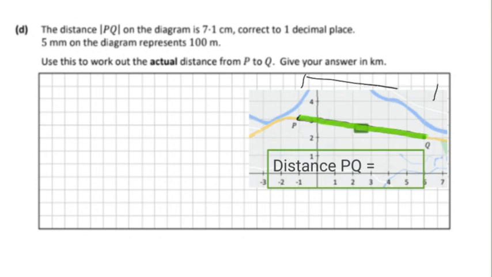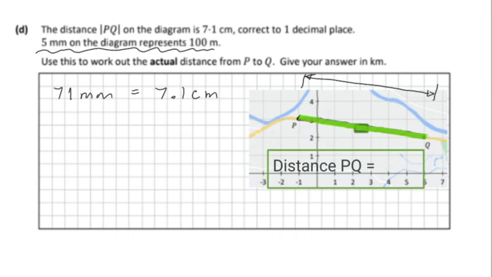We need to convert this into millimeters, as our scale involves millimeters and meters. So 71 millimeters is equal to 7.1 centimeters. Now we have it converted.